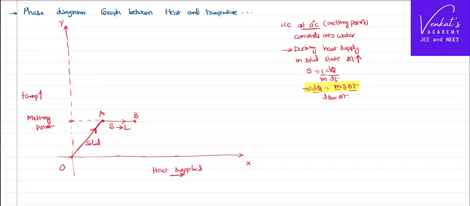But now look at the second case. During the change of state, that is between A and B, while this was the case for OA, in the case of AB the temperature remains constant. All the heat is used to convert the substance from one state to the other.